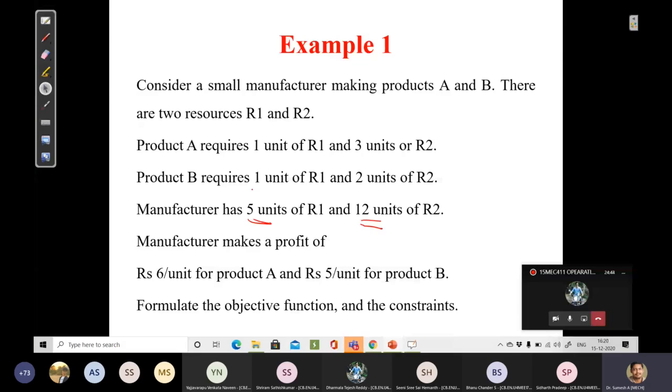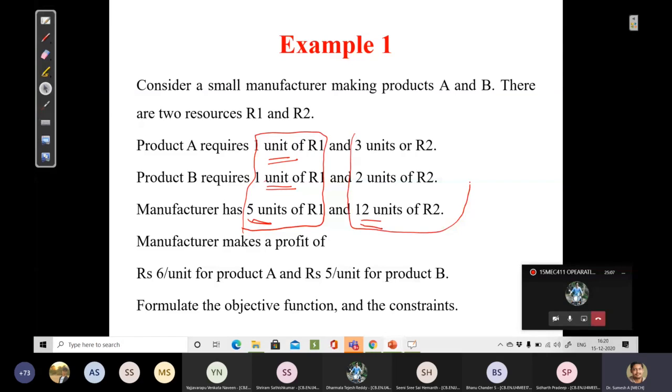So I am just putting the constraint like this. This is my first constraint, x1 plus x2 less than or equal to 5. The second constraint I am formulating again based on a similar idea, 3x1 plus 2x2 less than or equal to 12.